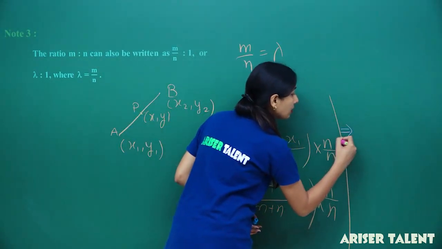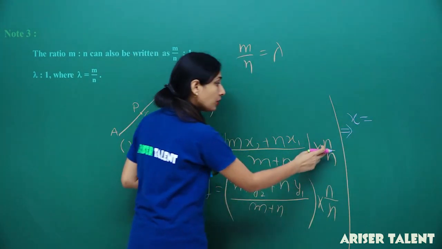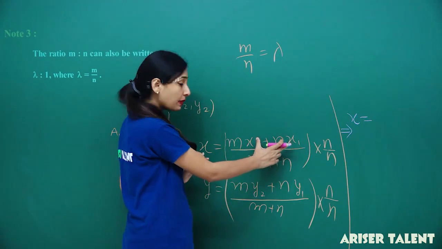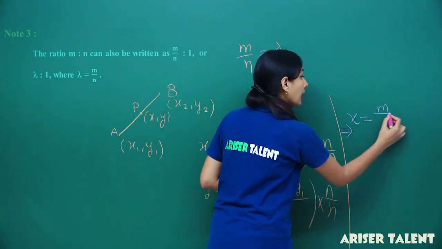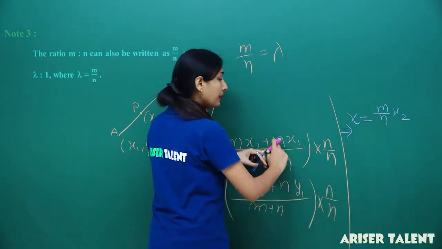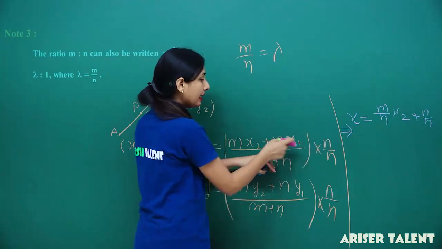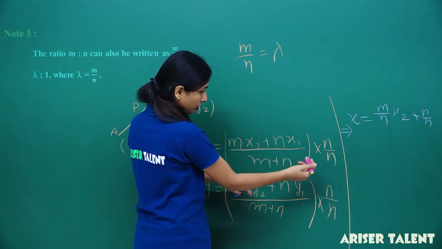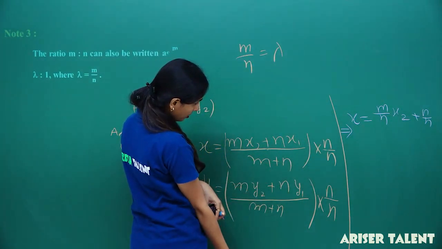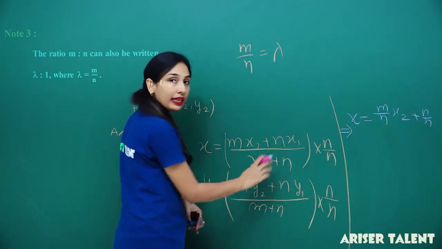So the result will be, x will be equals to, now n will go into this bracket, so that will be m by n, x2 as it is, plus n by n, x1. Okay, so I am taking 1 by n here and 1 by n here.